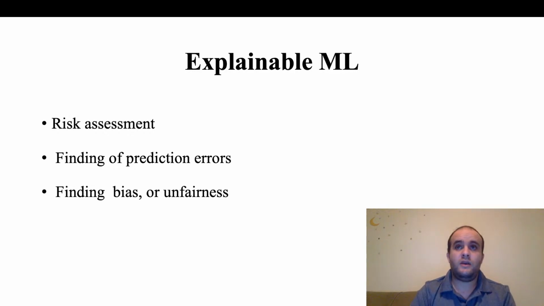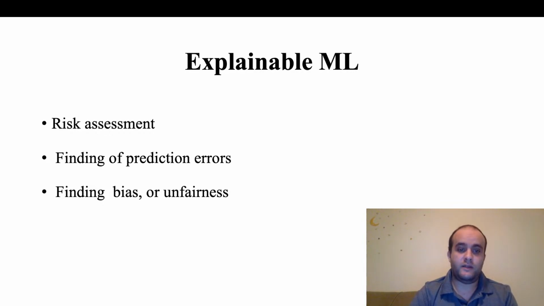We need to correct that error, but if it is like a black box, you don't know where the error is. So you need to do prediction error analysis and discover where the error is, to correct it and to avoid it in the future, even for a small error type.